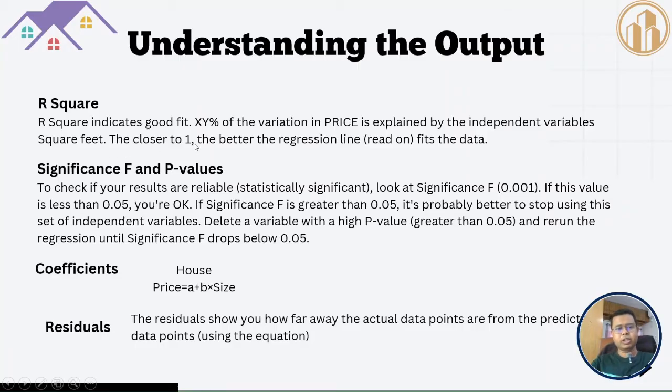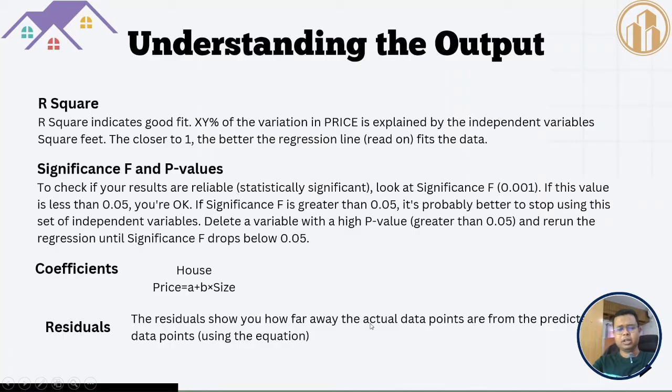So the closer to 1, the better the regression line fits the data, right? In the F value, we will notice if it is less than 0.05 or not, and using the coefficient we can calculate the house price, okay?